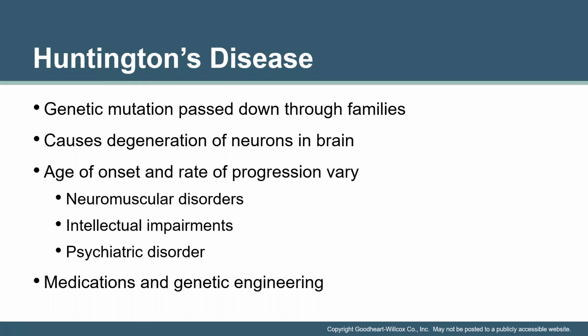The age of onset and rate of progression may vary, and it will create neuromuscular issues, intellectual impairments, and potentially psychiatric issues. What we're doing now with it, again, is modifying it with medications, as well as trying to genetically engineer some things to change it.